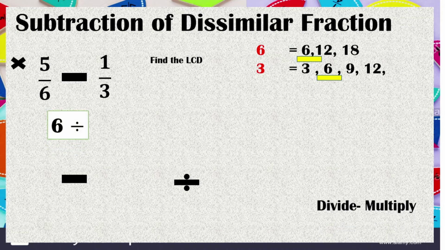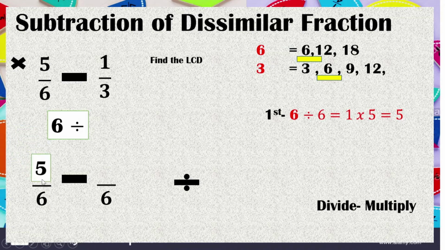Since we have the same denominator, let us divide. 6 divided by 6 is 1 times 5 is 5. So, the answer here is 5. Next, 6 divided by 3 is 2 times 1 is 2.